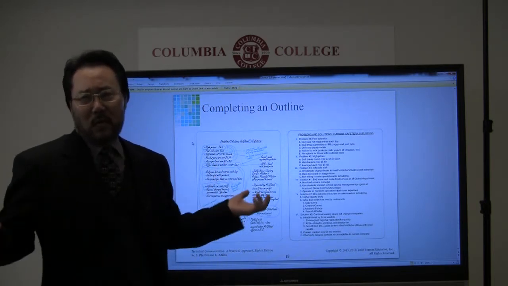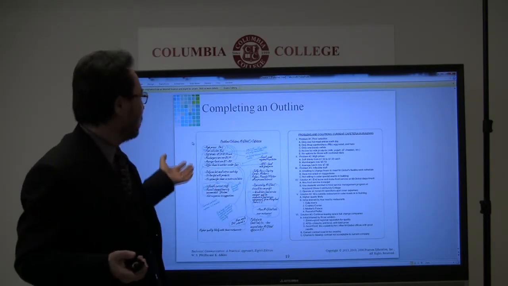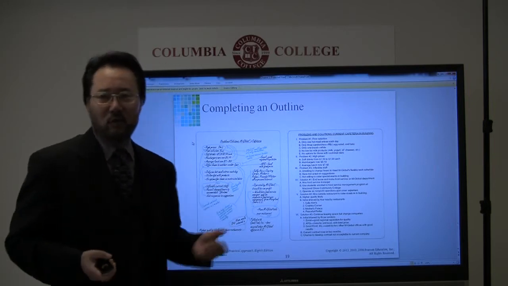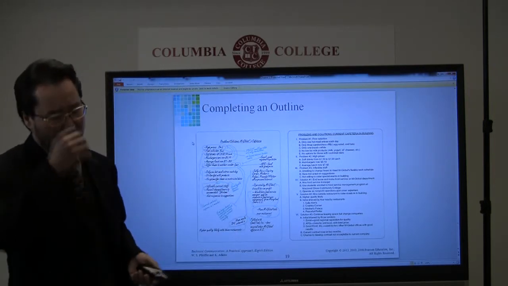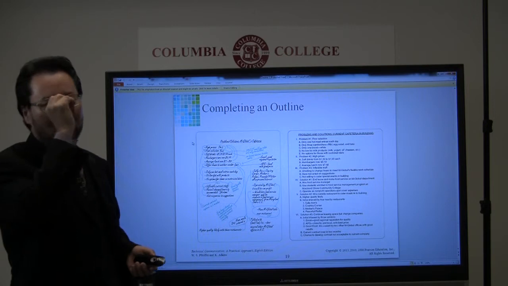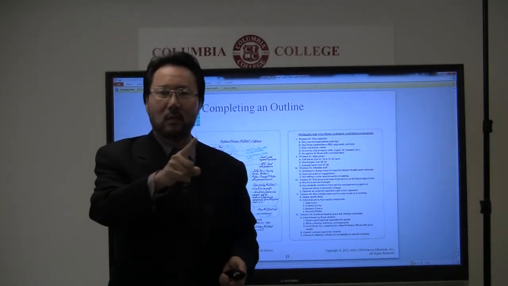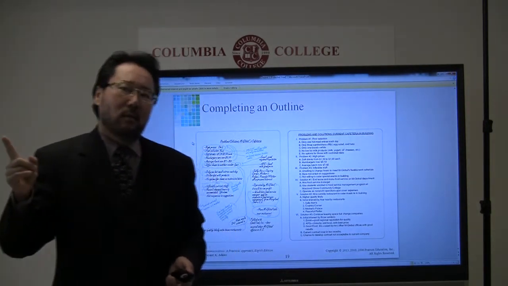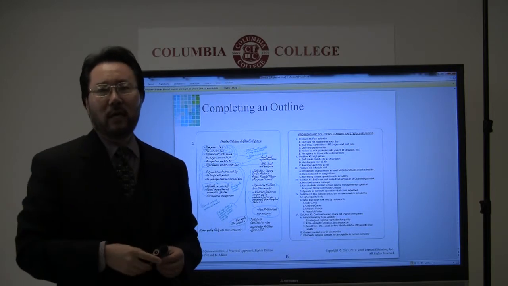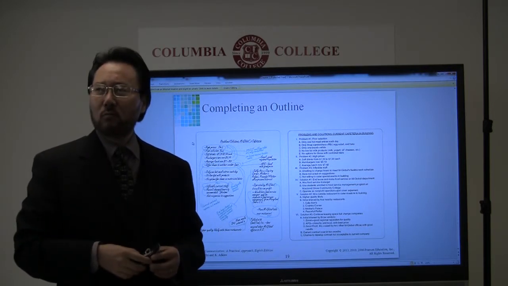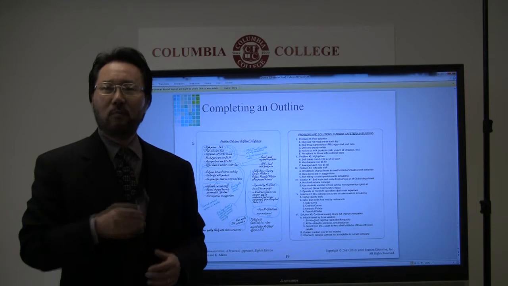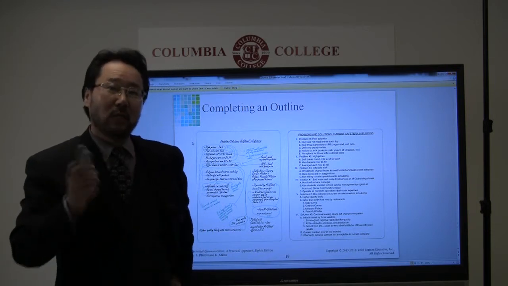Okay, so this is how it looks. On some type of white paper, you're just going to write down whatever comes up in your mind. That's the first process of writing. Hemingway said when he wrote The Old Man and the Sea, he revised that story more than 90 times.